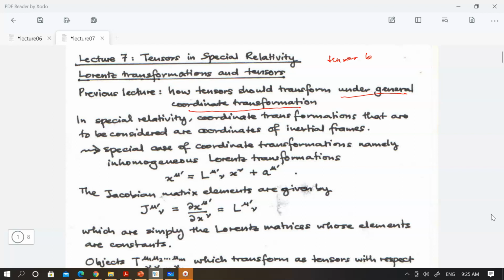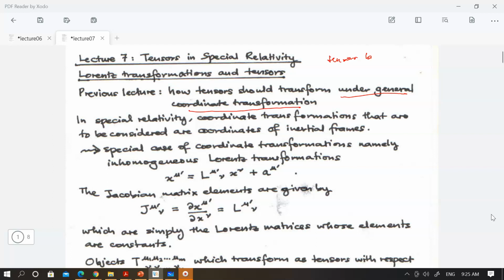I didn't specify how the transformation should look. But in special relativity, our immediate concern is the coordinate transformations coming from the inertial frames.